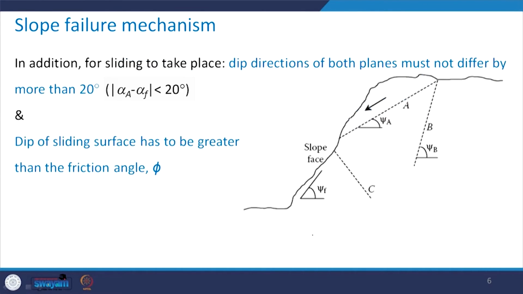Additionally, there are a few more conditions. The next condition is that the dip directions of both the planes, that means the slope surface and the discontinuity, whenever I say both planes in the context of plane failure, essentially I am talking about the slope face and the discontinuity plane along which the failure will occur.